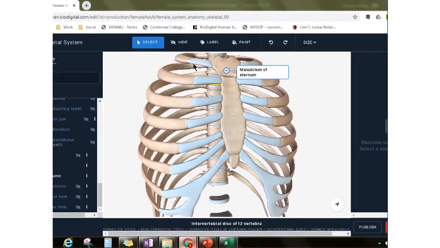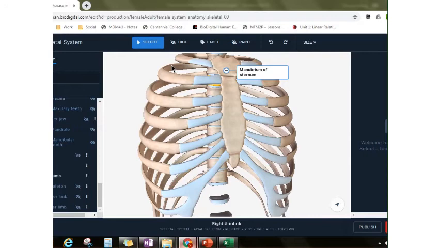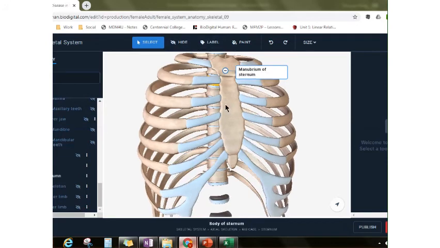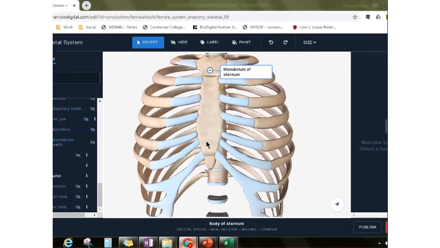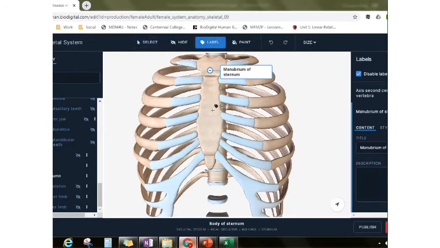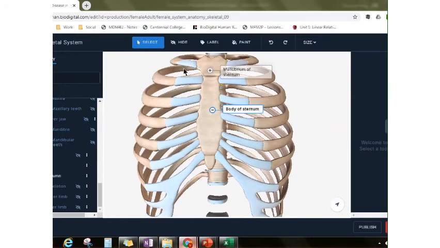All right, you have a total of 12 pairs of ribs, right? And some of them connect to the sternum, some of them don't. Rib number 1 and number 2 connect to the manubrium. Okay. Next, we have the body of the sternum, right? It's literally called the body, and that's where the second rib all the way to number 7 connects to.